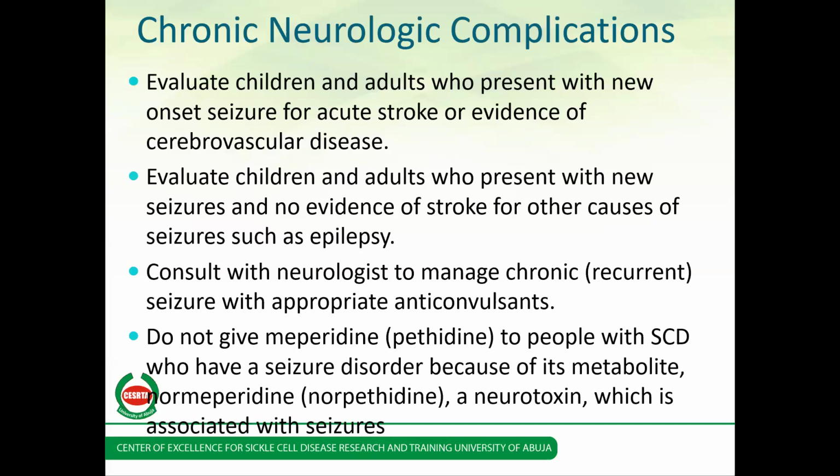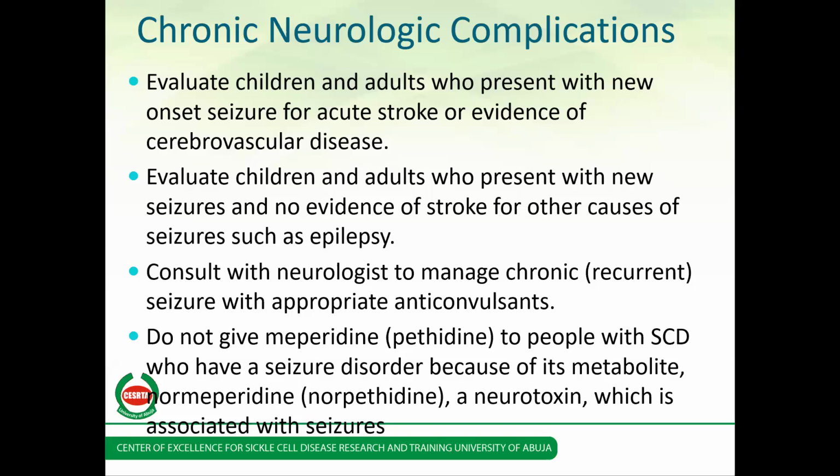Chronic neurologic complications. Evaluate children and adults who present with new onset seizures for acute stroke or evidence of cerebrovascular disease. Evaluate children and adults who present with new seizures and no evidence of stroke for other causes of seizures such as epilepsy.